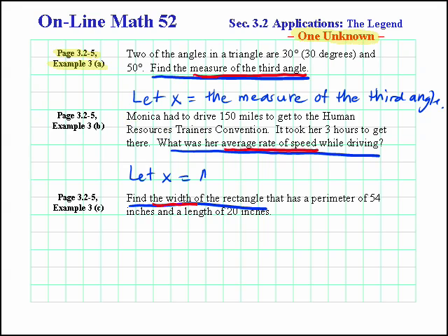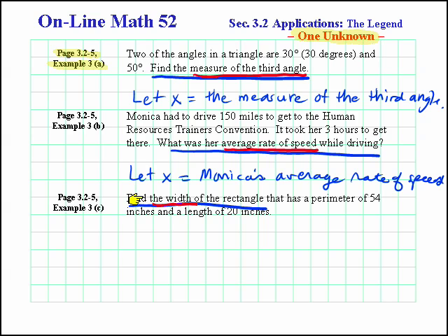Let x equal Monica's average rate of speed. That could probably be abbreviated her average rate, or just let x equal the average rate. And since it only refers to Monica, that might be obvious that we don't need to get too crazy with writing the whole sentence, but I am at this point in time.